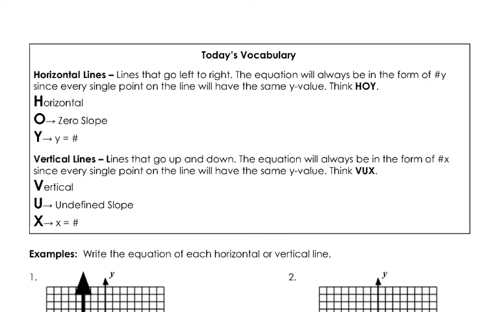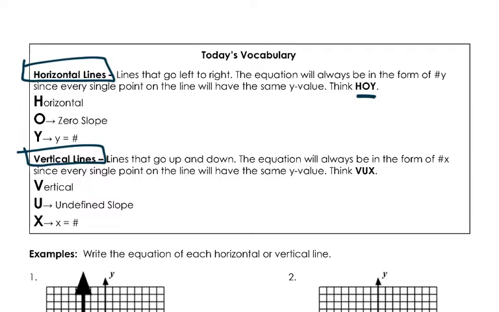So just to keep you girls on track, we are on page 5. And we're going to talk about horizontal and vertical lines and how to write them. And sometimes I like to use terms like HOI for horizontal because it actually has a 0 slope and the equation is y equals whatever that number is.